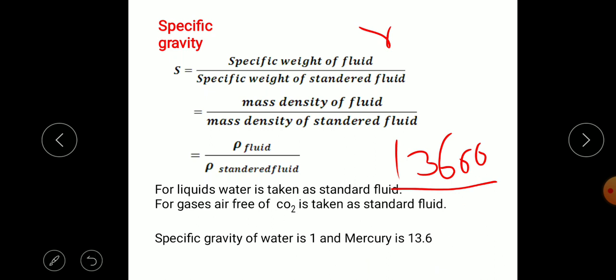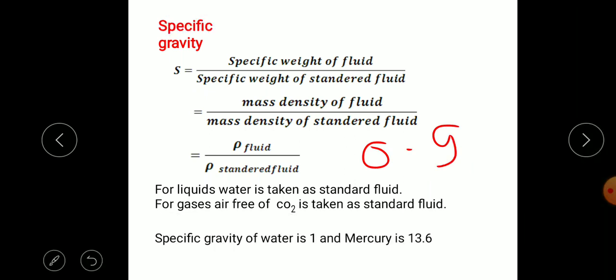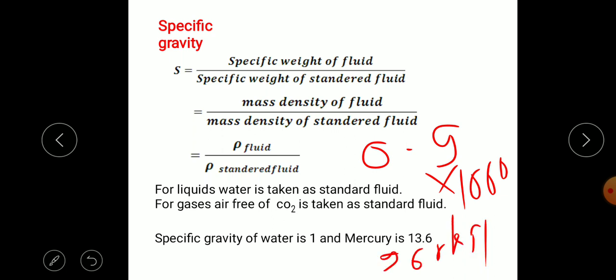So suppose diesel specific gravity is given as 0.9. So density of the diesel will be 0.9 into 1000. So we get 900 kg per meter cube.